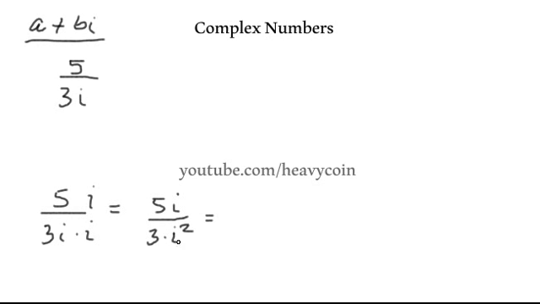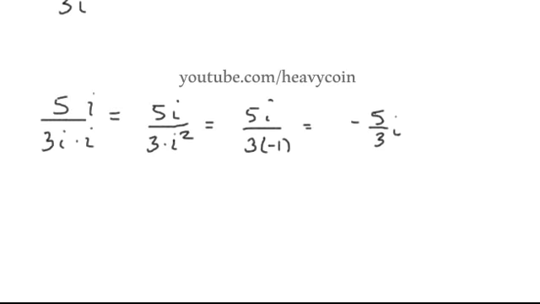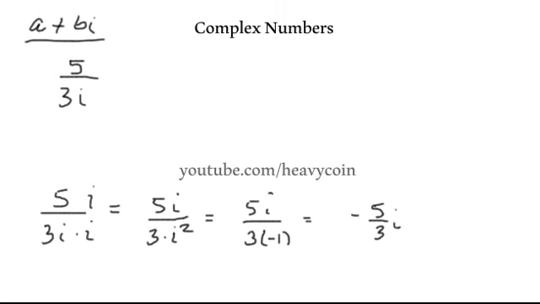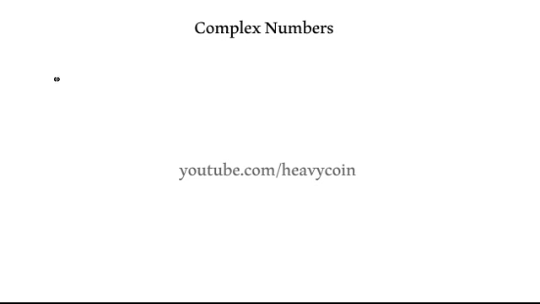And remember what i squared is equal to. It's equal to negative 1. So we have 5i over 3 times negative 1, but we can take this negative and just bring it out front. And this becomes negative 5/3 i. So there's not a real part here, but that's okay. We've got the imaginary part. Just something you gotta imagine, I guess.